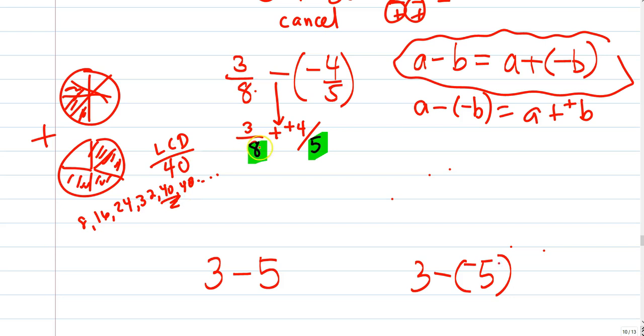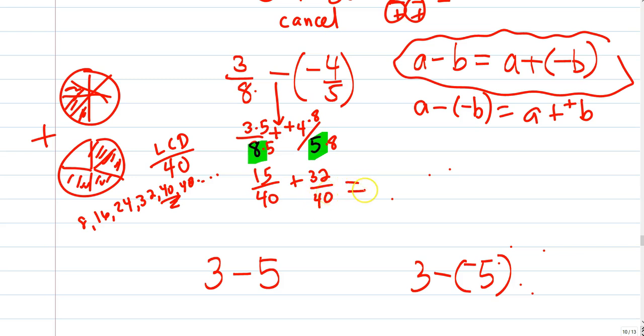How would that be? 8 times 5, 5 times, what is that? I don't know what my brain's doing. Make sure we do top and bottom. So I've got 15 over 40 plus 32 over 40.